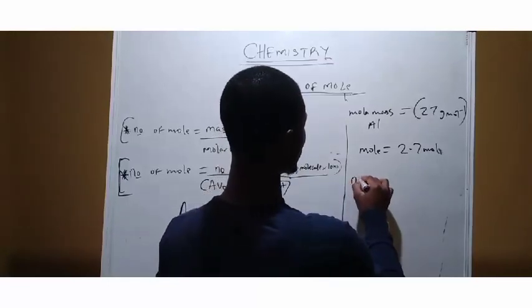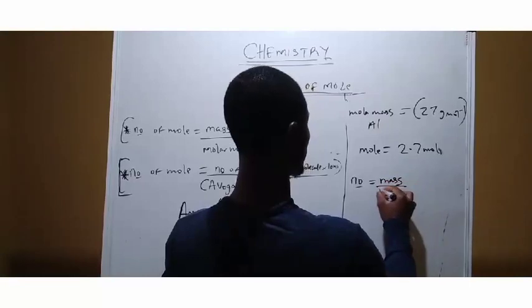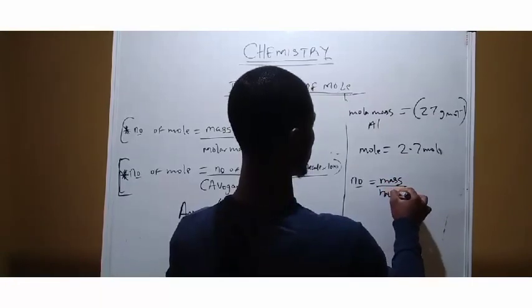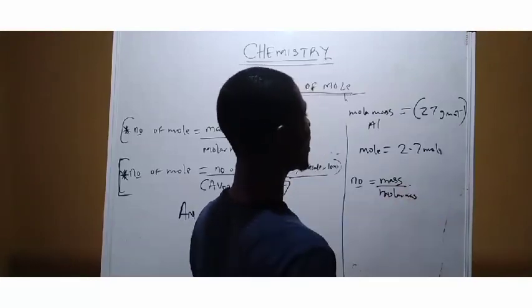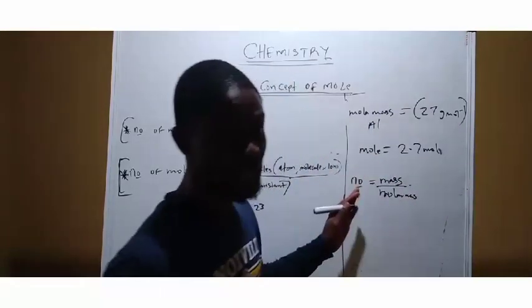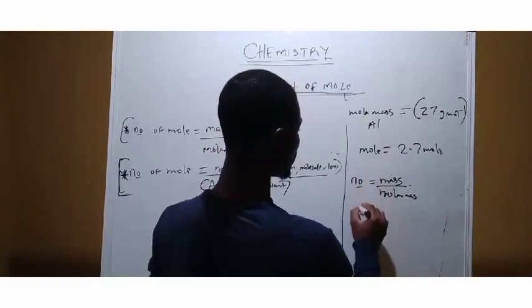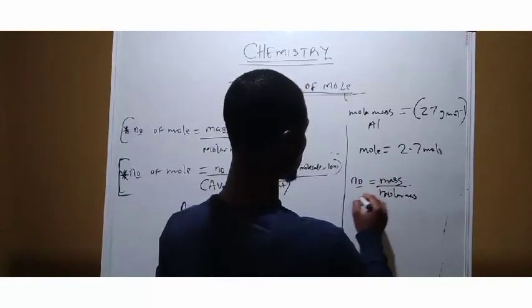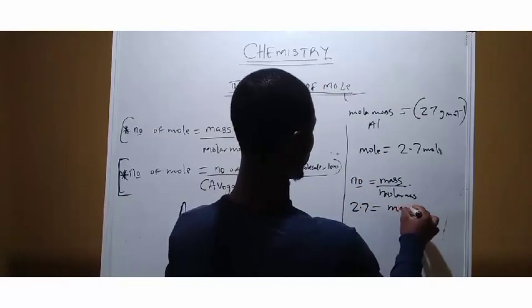Recall that the number of moles is equal to the mass of the substance divided by its molar mass. Unlike nitrogen, aluminum is not diatomic, it's a metal, so 27 still remains. The number of moles remains 2.7, and we have our mass, which we were looking for.